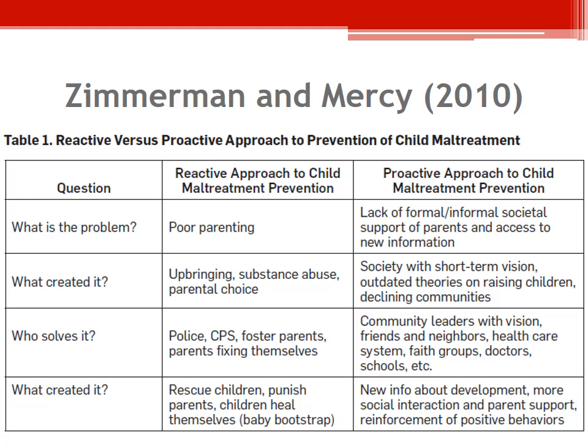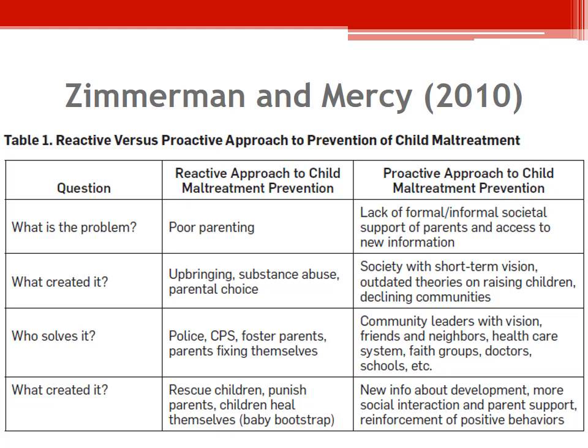whereas a proactive approach would say that having a society with short-term vision where children are treated as a nuisance or something that interferes with productivity of society. Outdated theories on raising children, such as the idea that 4-year-olds should be spanked repeatedly with a stick, and also just declining communities, not feeling a sense of community.